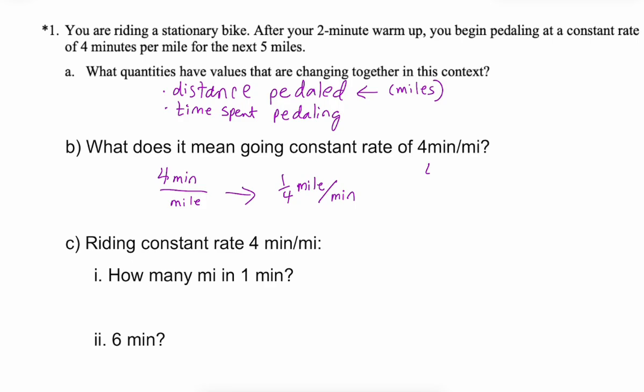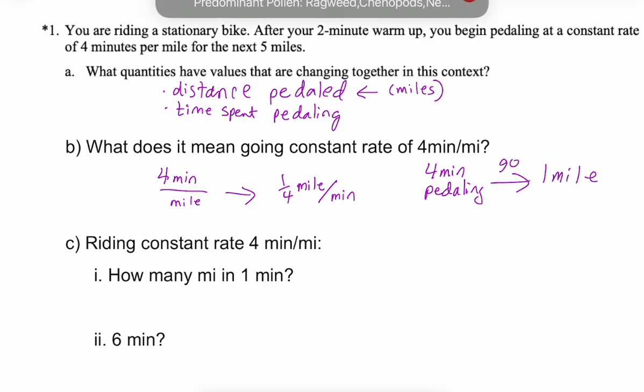So if we go 4 minutes of pedaling, we will go 1 mile. Okay, so there's lots of ways to think about it, but if we turn it into more of a rate, that mile per minute sort of thing, then that 1/4 is what we want.